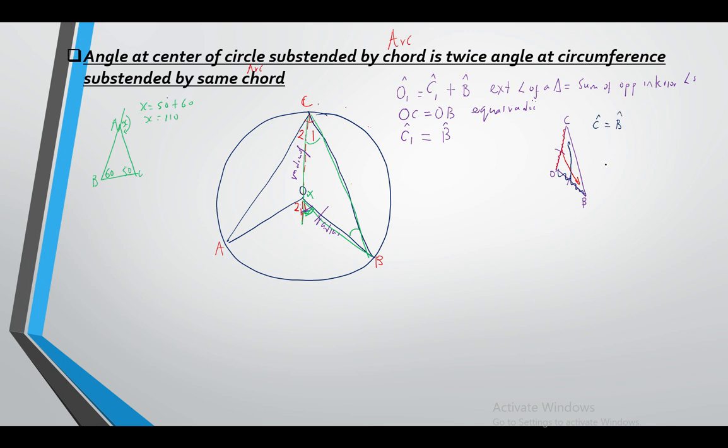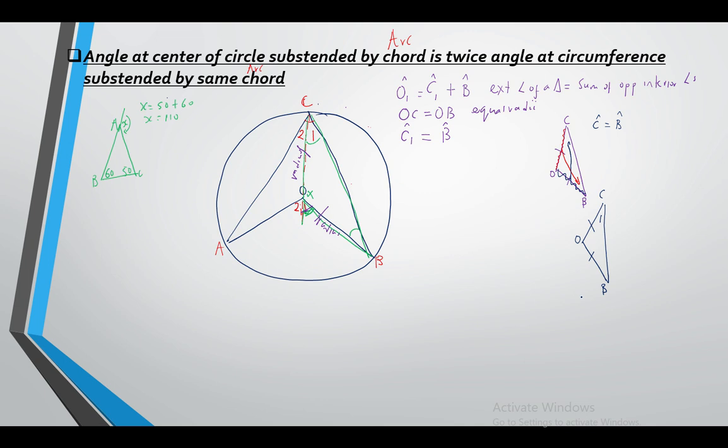An isosceles triangle has two sides that are equal and also two angles that are equal. I want to show you a better way of finding angles that are equal. In this case, this is C1, B, and this is O. I said this side equals this side.